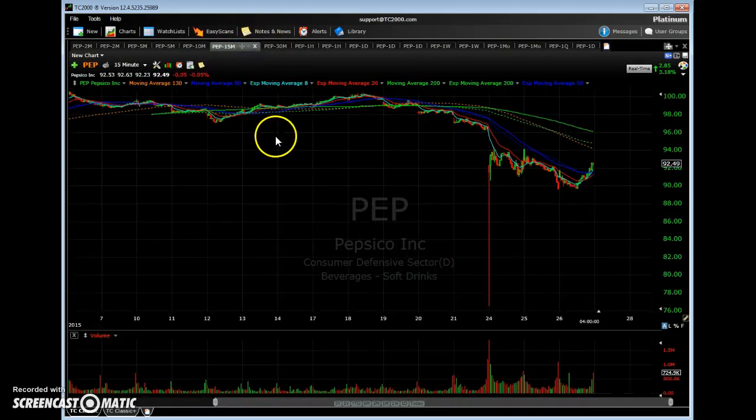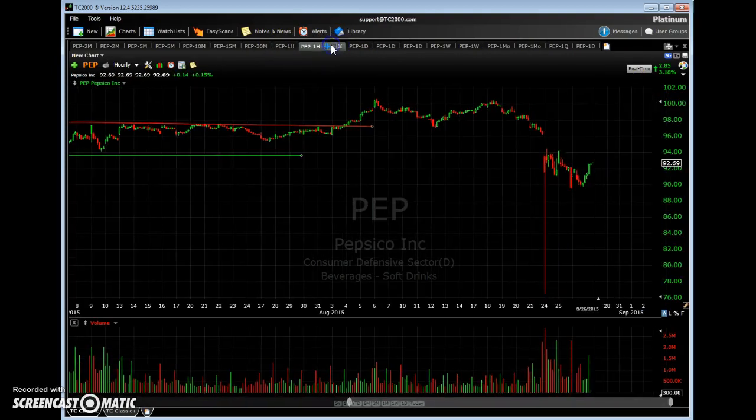I also look at a 15-minute chart, and you can see the moving averages up on top. And the 1-hour chart I showed you right here has nothing on it at all. I keep that up with no moving averages, just to look for support and resistance. I can draw lines off of this chart.